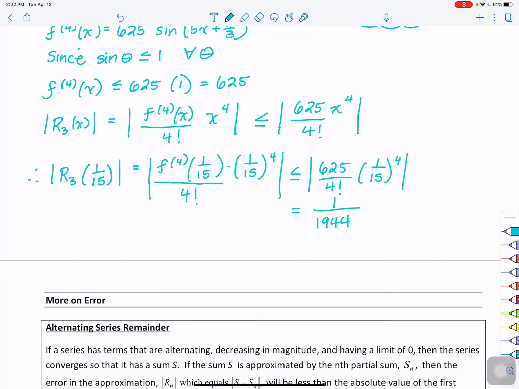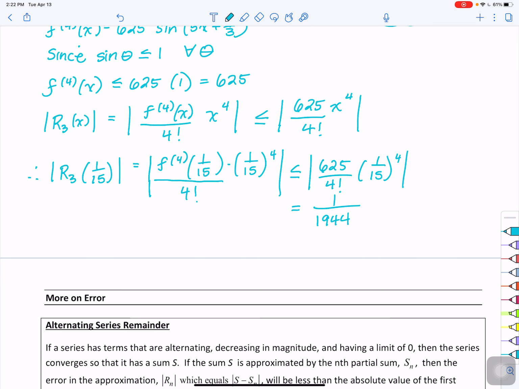Let's write our final statement. You could say, thus, the actual value of f of 1/15 minus our third degree Taylor polynomial approximation at 1/15 is equal to the remainder, right?